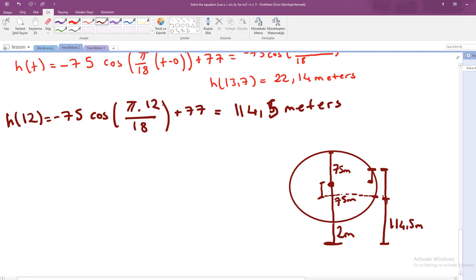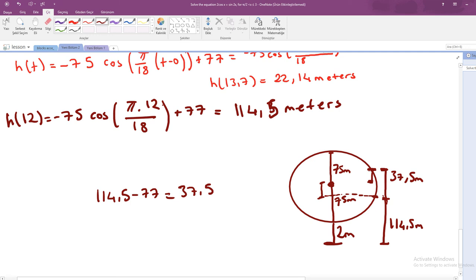So let's write it. The distance from the center, right? 114.5 minus 77 equals 37.5. Okay, so this part here equals 37.5 meters.